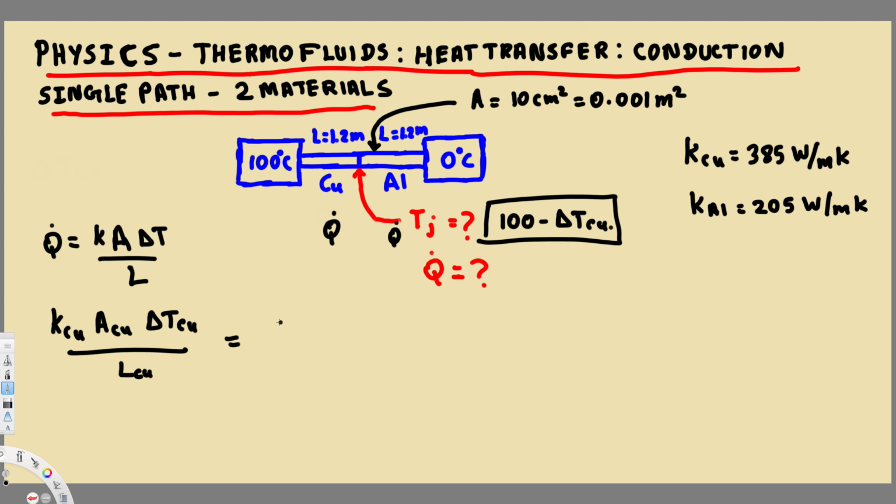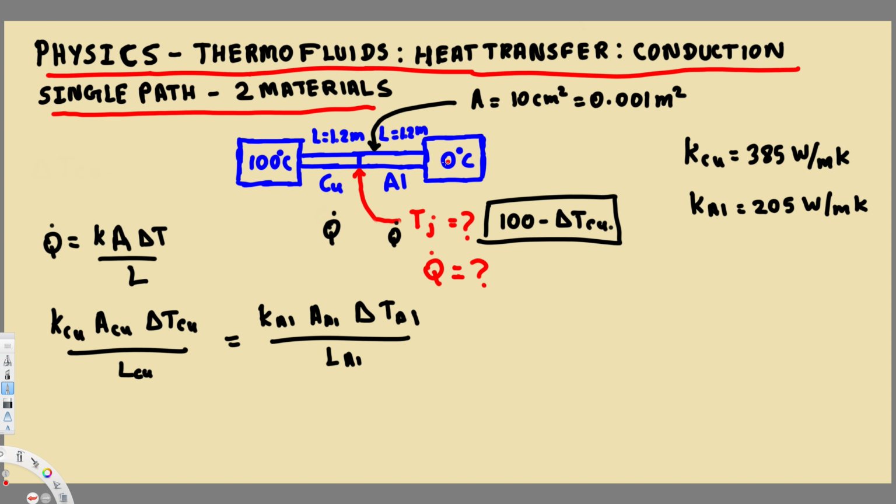And on the other side we are going to have K aluminum times A aluminum times delta T aluminum over L aluminum.